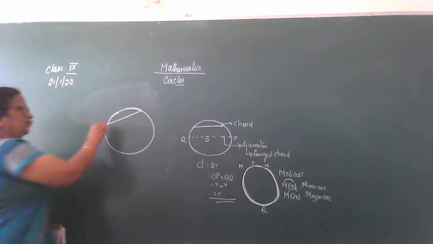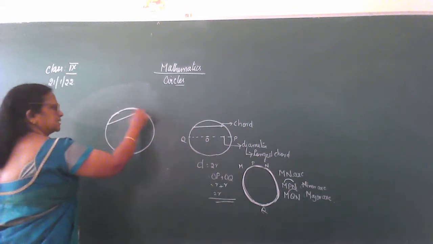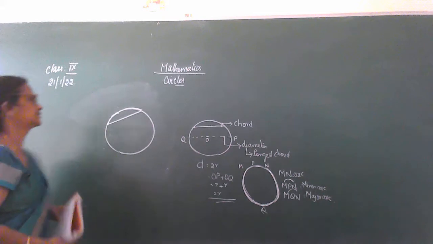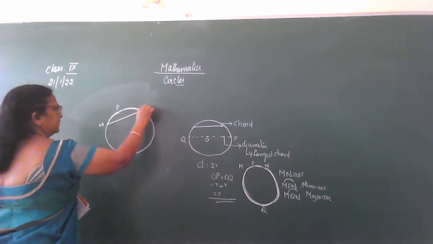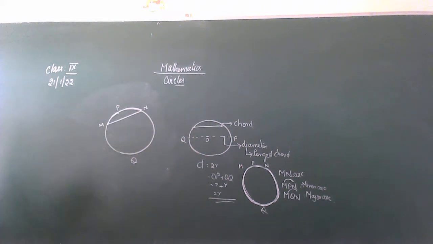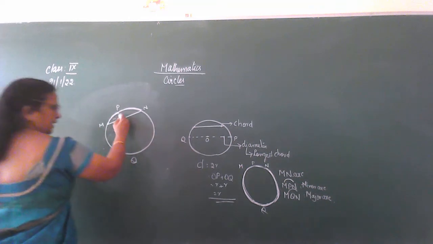Chord means it touches the circle at two distinct points, and an arc is a part of the circumference. Here also you can say MPN and MQN. The segment is nothing but the region between a chord and either of its arcs.